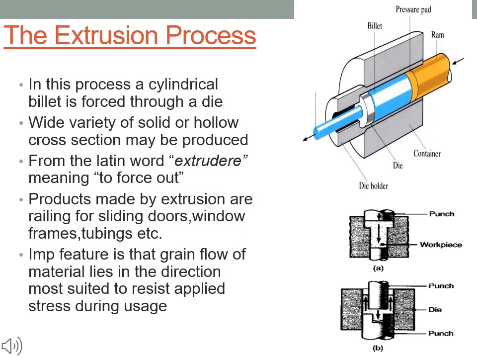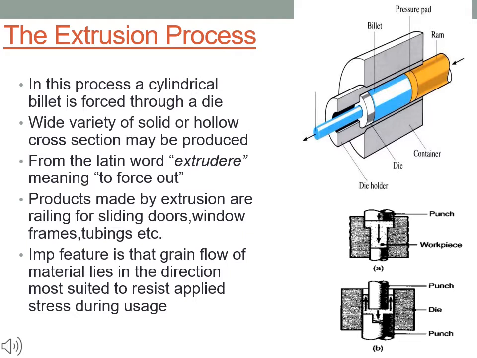There are three basic types of extrusion, the most common process called direct or forward extrusion. A billet is placed in a chamber, which is a container, and forced through a die opening by a hydraulically driven ram, which is also called the pressing stem or punch.